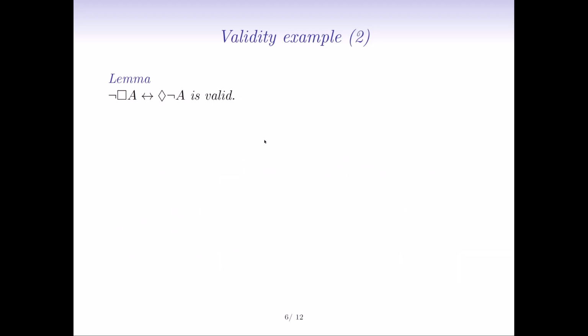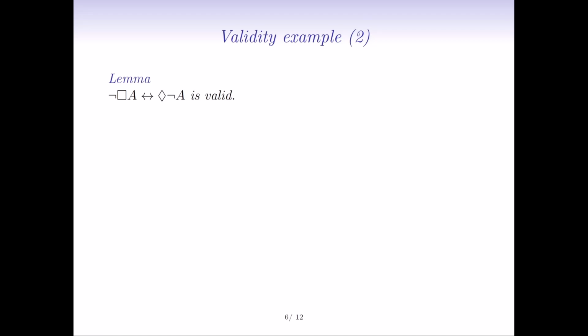Okay, let's do another example of a valid formula, but this time I want to show an equivalence. So, not box A if and only if diamond not A is a valid formula. That's kind of the same thing as saying not necessarily A is the same thing as saying possibly not A. And intuitively that makes sense.